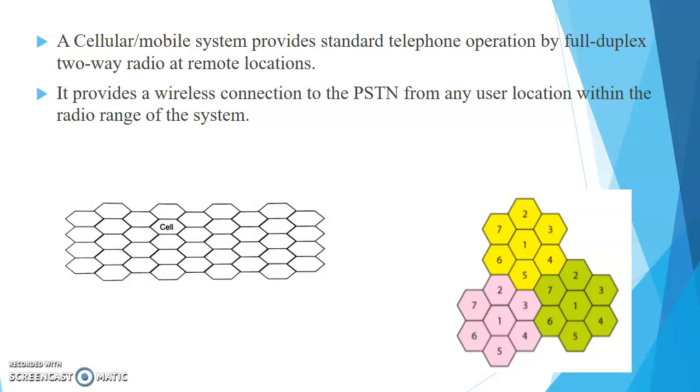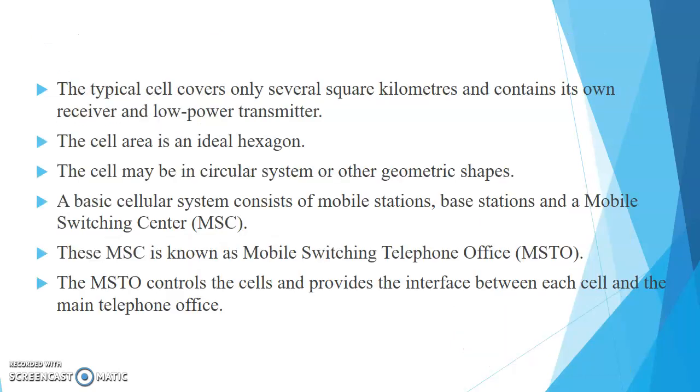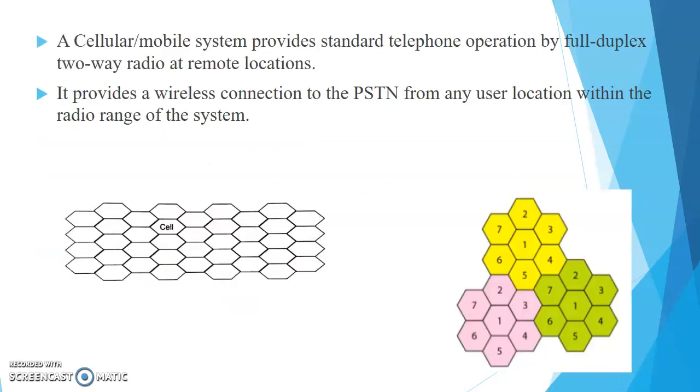Also, you can see the cell may be circular or any other geometrical shape. That means the cells can be hexagonal, or circular, or have any other geometric shape.